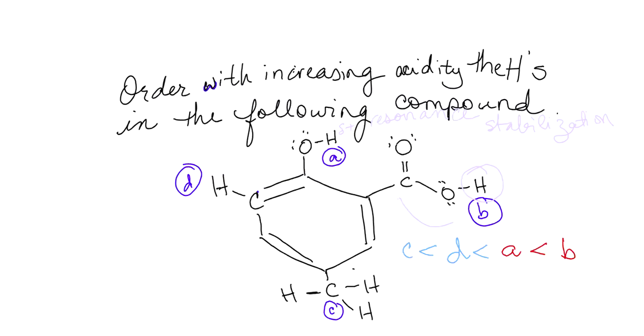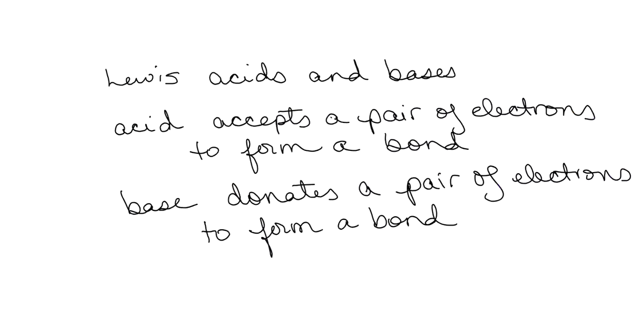So let's go on to our next topic, which is going to be the definitions for Lewis acids and Lewis bases. We use purple here. A Lewis acid is one that accepts a pair of electrons to form a bond. This is different than the previous definitions where we're talking about increasing H plus or donating H plus in an acid base.